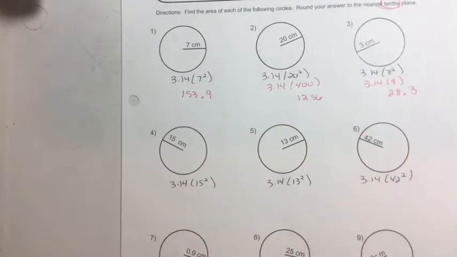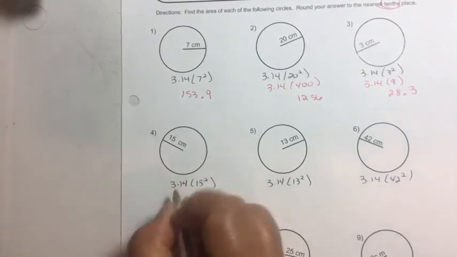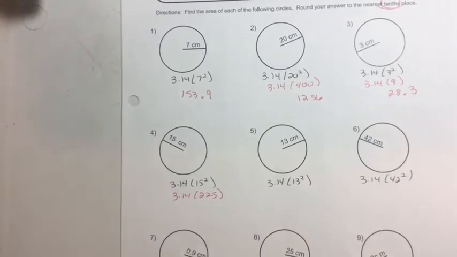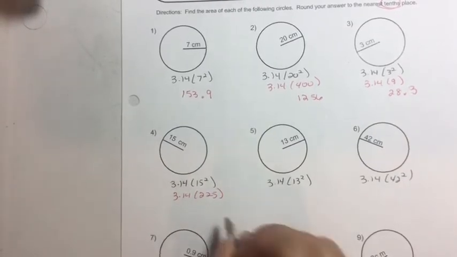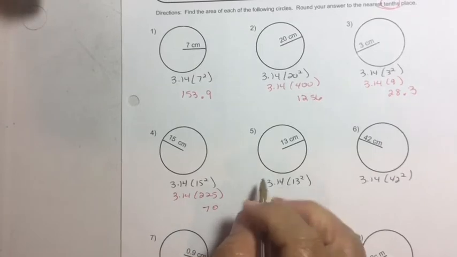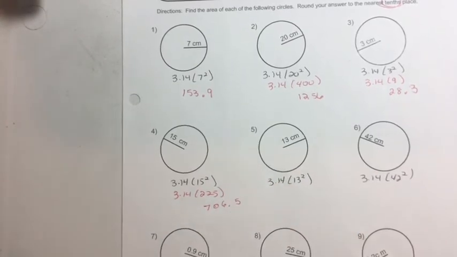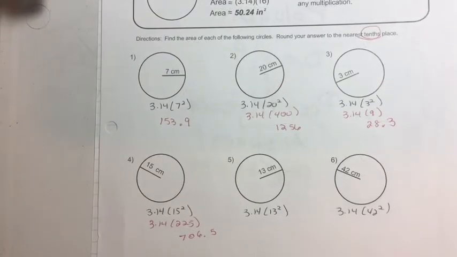On number 4, 15 times 15 is 225. Okay. Multiply by the pi, and you get 706.5. Okay, moving on to problem 5. 13 times 13 would give you a radius squared of 169. Oh, put down my red pen.